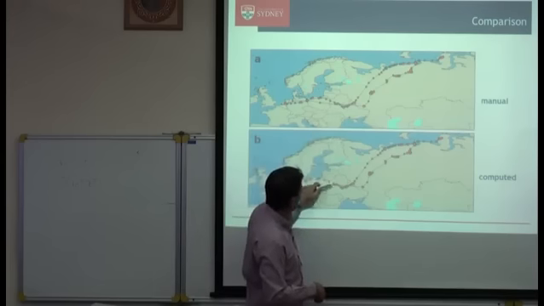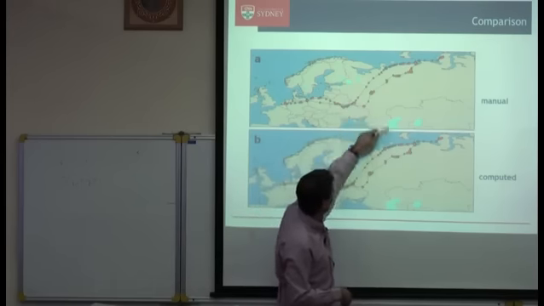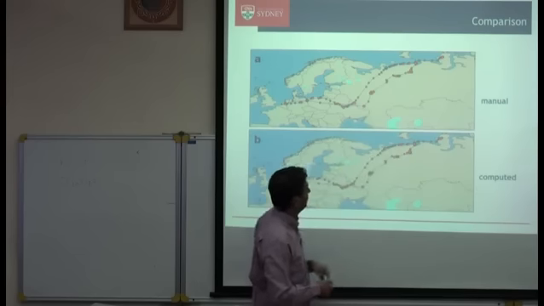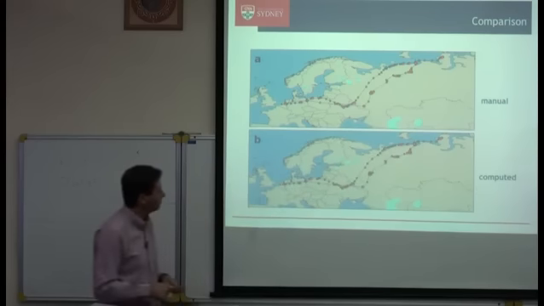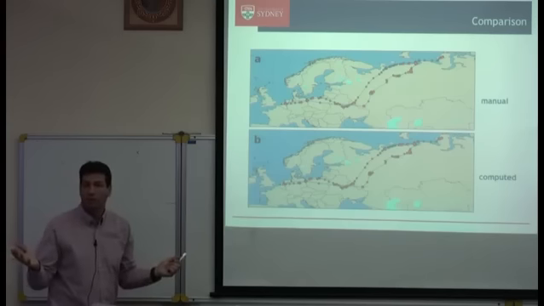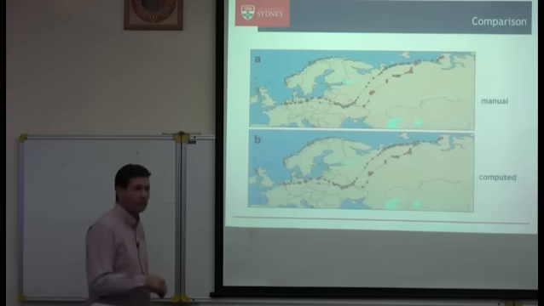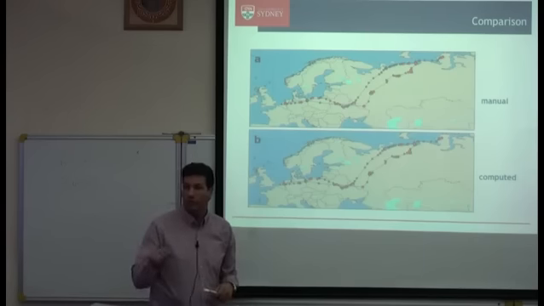Here you have several stopovers found by the algorithm, here again, and some when you're getting closer to the endpoint. If you have thousands of these trajectories, it is a pretty nice thing to be able to run this algorithm and get all this information automatically instead of going through all these trajectories manually.